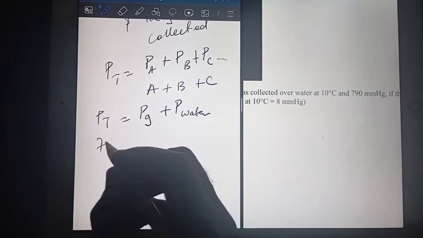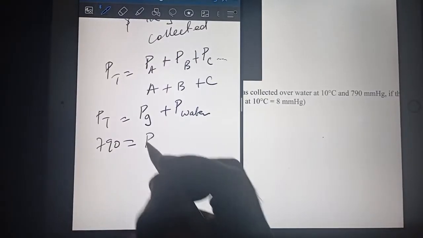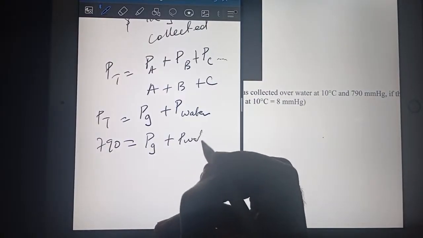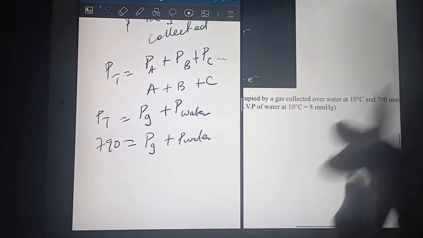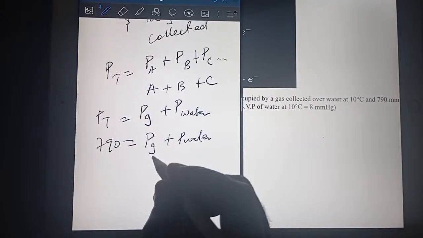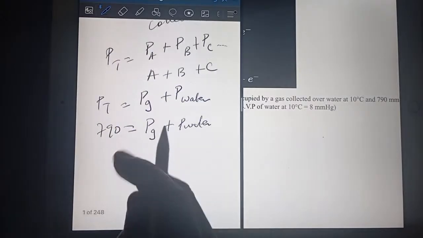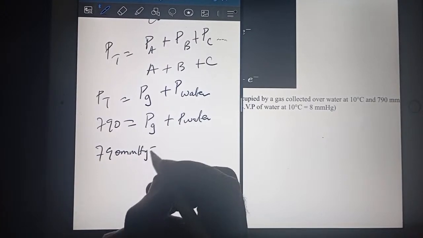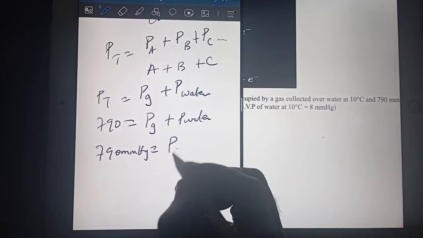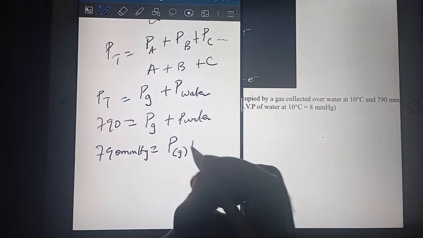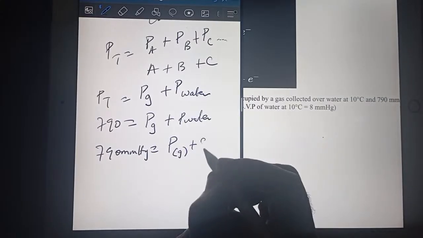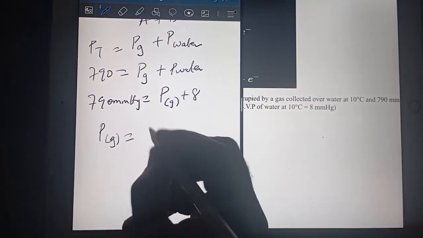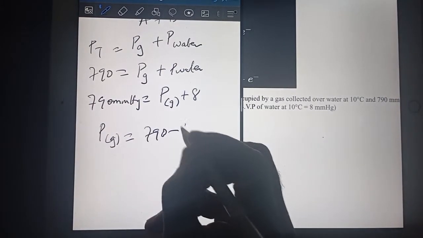So here we have 790 equal to the pressure of the gas plus the pressure of water, and the pressure of water is the saturated vapor pressure. We have to find the actual pressure of the gas. This implies that 790 millimeters of mercury is equal to the partial pressure of the gas plus 8, such that the real pressure of the gas being collected over water is 790 minus 8.